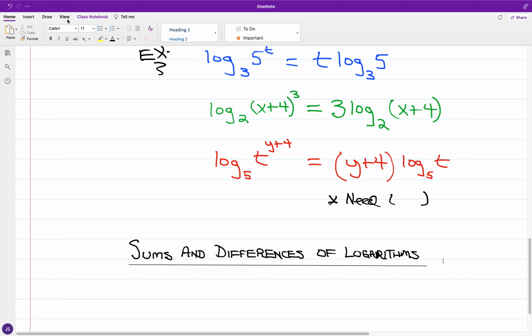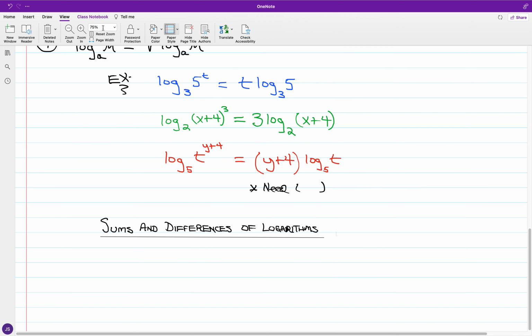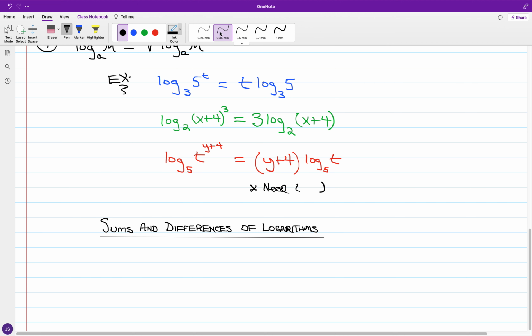For sums and differences of logarithms, the first case is a base a logarithm of the product of m times n. Here m and n are factors multiplying each other.